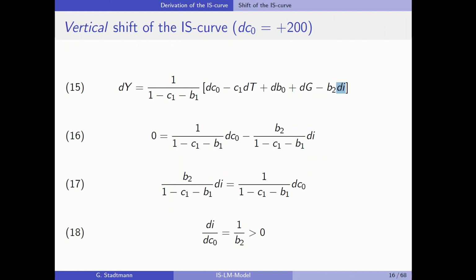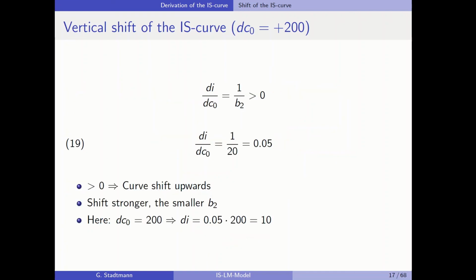So in case that the autonomous component of consumption increases, then also the interest rate has to increase so that the equal sign holds, and hence the IS curve has to shift upwards. By how much? In case that C0 only changes by 1 unit, then the IS curve has to shift upwards by 0.05 units.